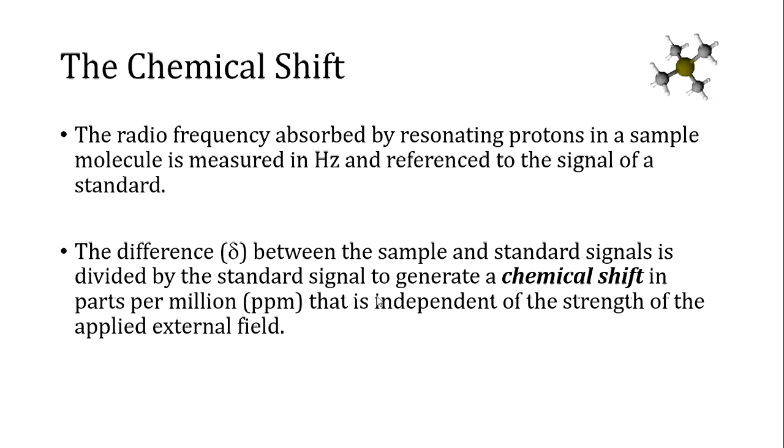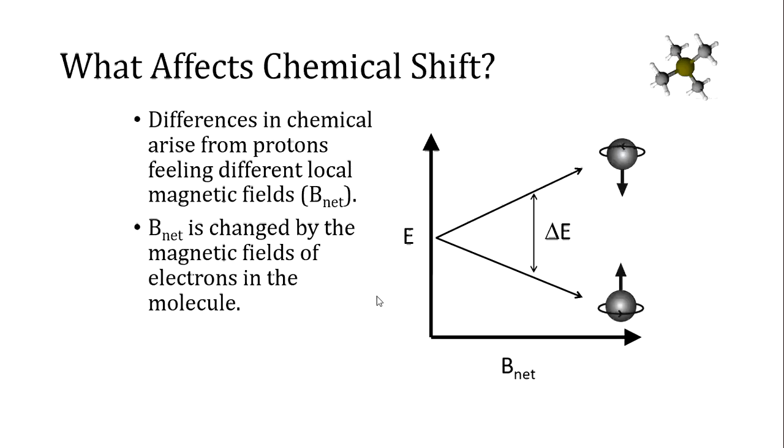It turns out the bigger the field, the larger the absolute magnitude of the difference in chemical shift, but that difference is proportional to the size of the external field. So if we do some math, we can generate a chemical shift that is independent of the instrument the data is being collected on, which would be good.